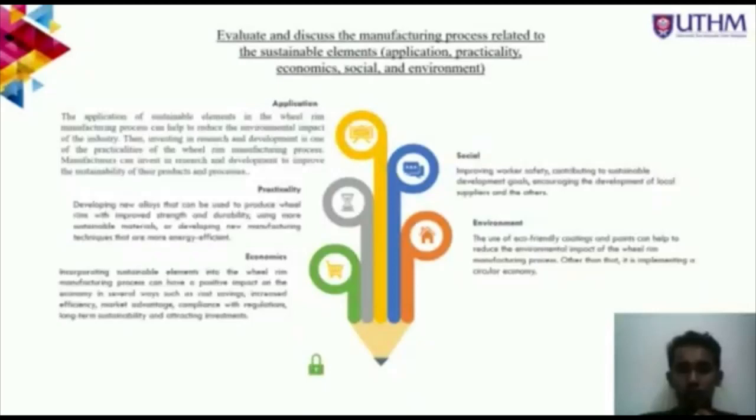Here we can see the application, and we evaluate and discuss the manufacturing process related to the sustainable elements such as application, practicality, economics, social, and environment. The application is a sustainable element in this manufacturing process.